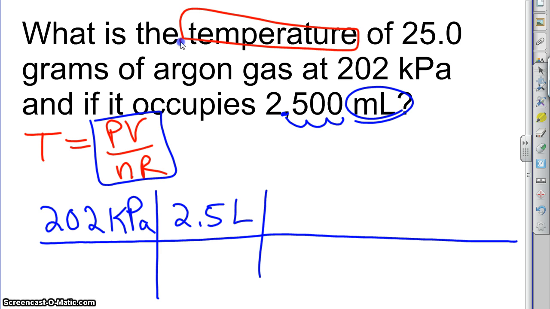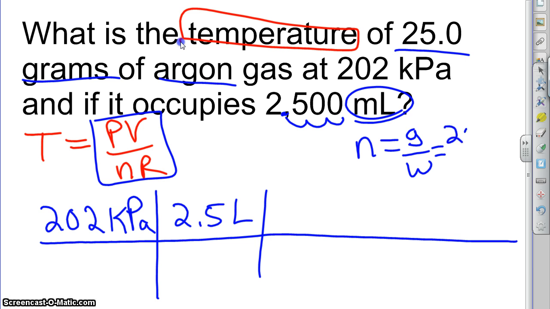On the bottom we need to put N, which is the number of moles of the gas, which is not given. Instead, we're given 25 grams of argon. We have grams, so we can find moles from grams. We have to do a little extra mini side problem here. We use G over W to find moles. 25 grams divided by the molar mass of argon, which is 39.9.